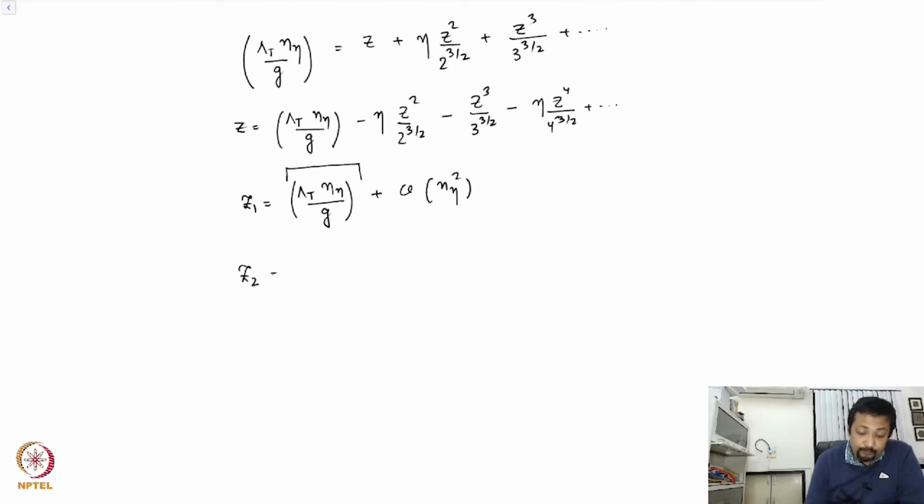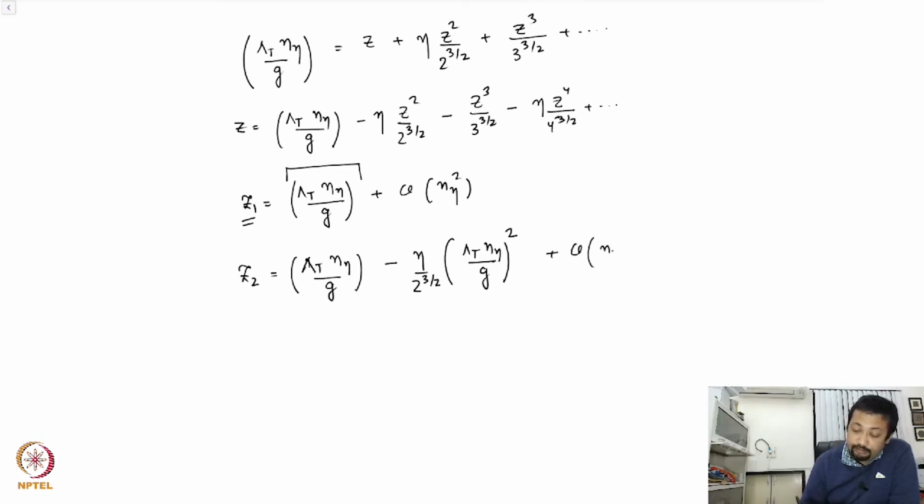What about z2? z2 is going to be lambda t n eta over g minus eta. I'm going to substitute z1 into this expression. That gives me lambda t n eta over g whole square over 2 to the power 3 by 2, and then I have order of n eta whole cube, which comes from this.